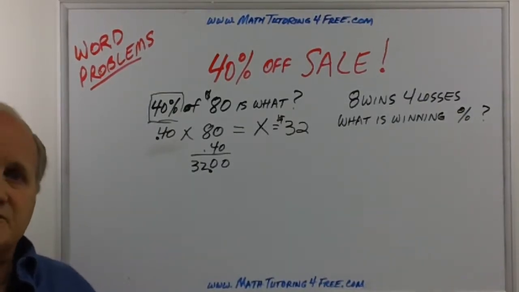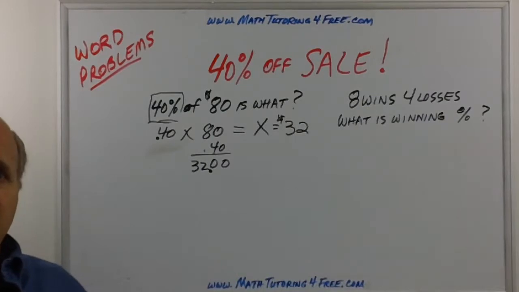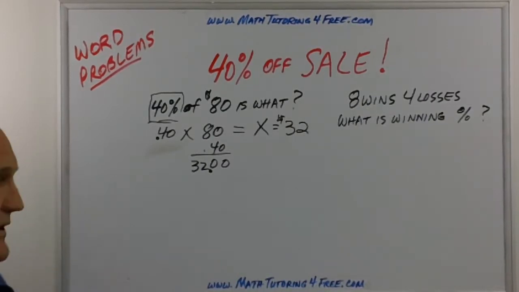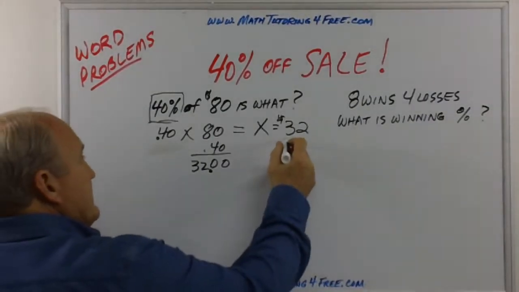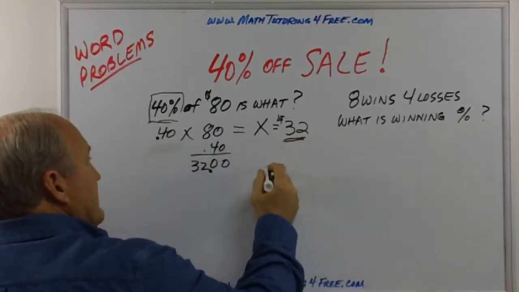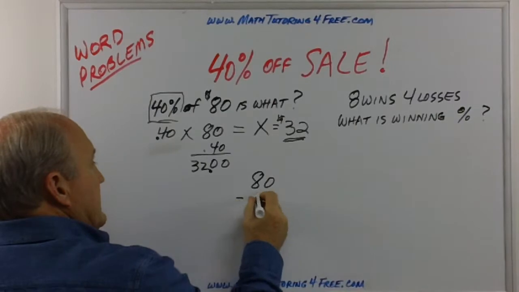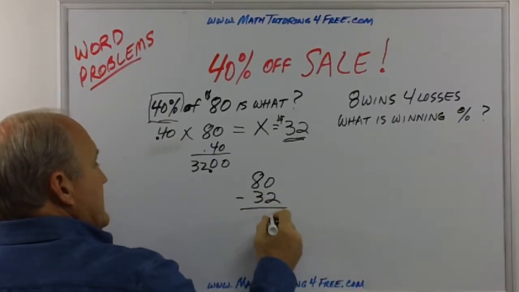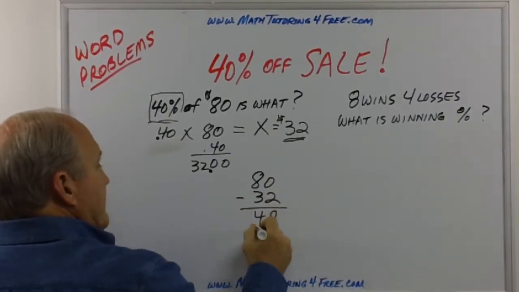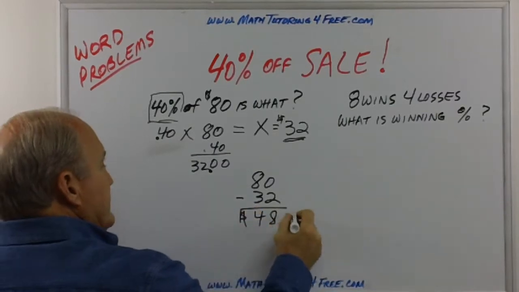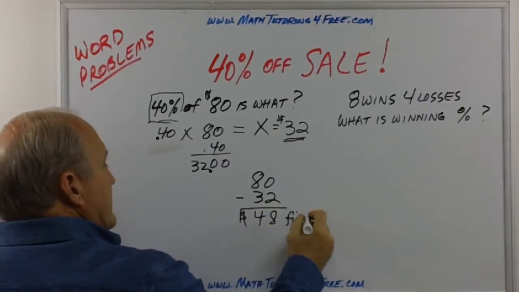No, that's what the discount is. So what do we have to do to find our final payment price? Well, if that's the sale discount of $32, we have to take the original price of the item minus the 32, and we get $48. This is the final sale price.